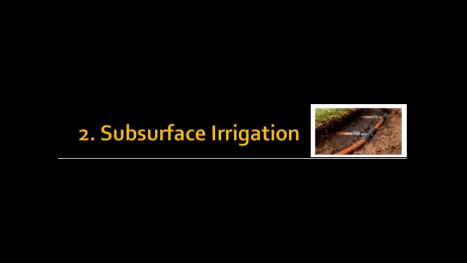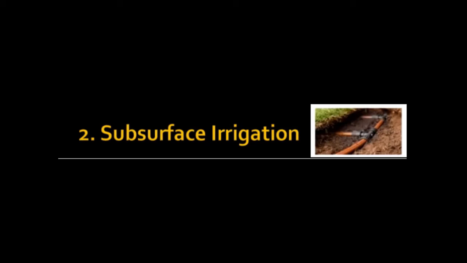We have dealt with the surface irrigation method. Now we will be focusing on the subsurface irrigation method. In the subsurface irrigation method, water is applied beneath the ground by creating and maintaining an artificial water table at some depth, usually 30 to 75 cm below the ground surface.